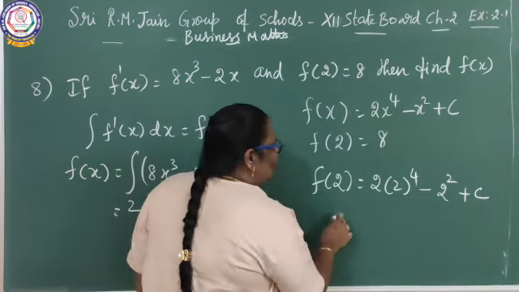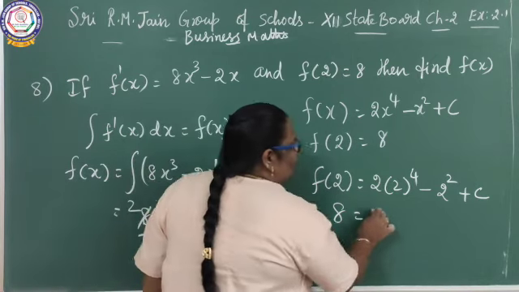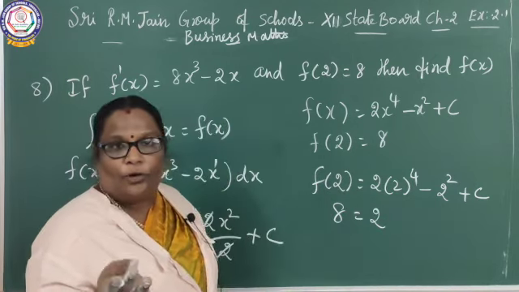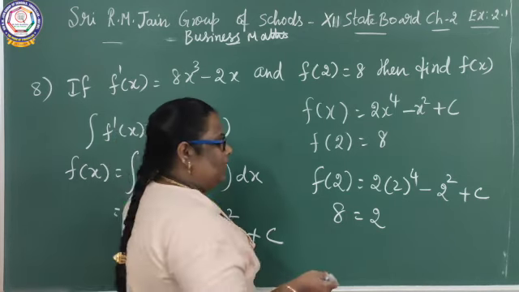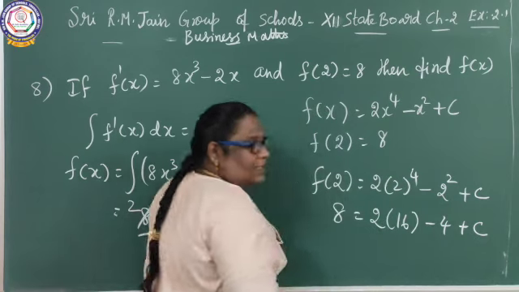The value of f of 2 is 8 equal to 2 into 2 power 4. 2 2s are 4, 4 2s are 8, 8 2s are 16. 16 minus 4 plus c.